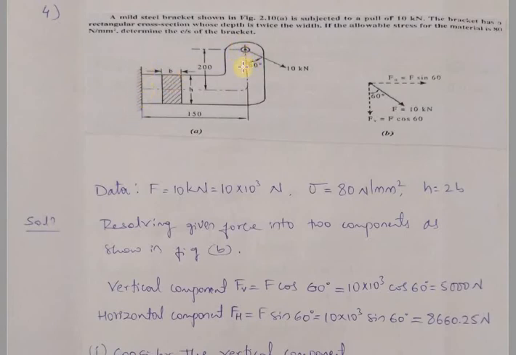So due to this vertical load, this maximum stress will be induced, and here on this section there will be bending due to this vertical load. The bending stresses will be induced here because of this distance 150 mm. Okay, so the bending moment will be load into the distance 150 mm.